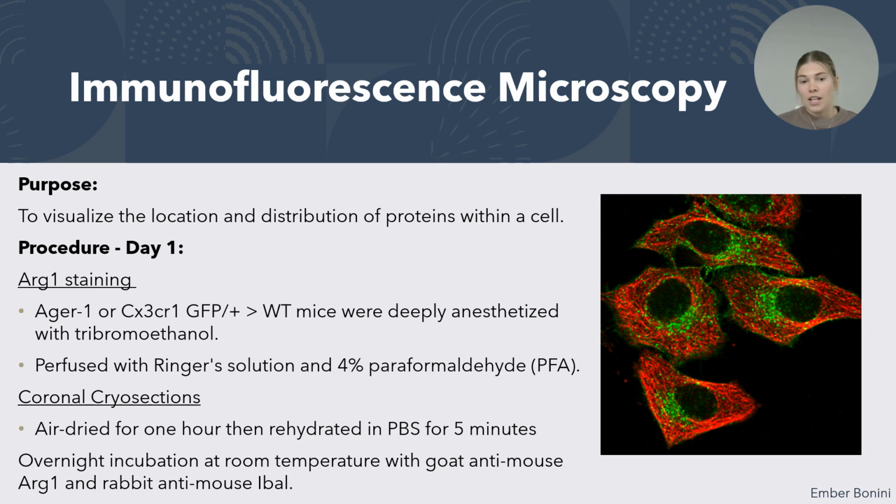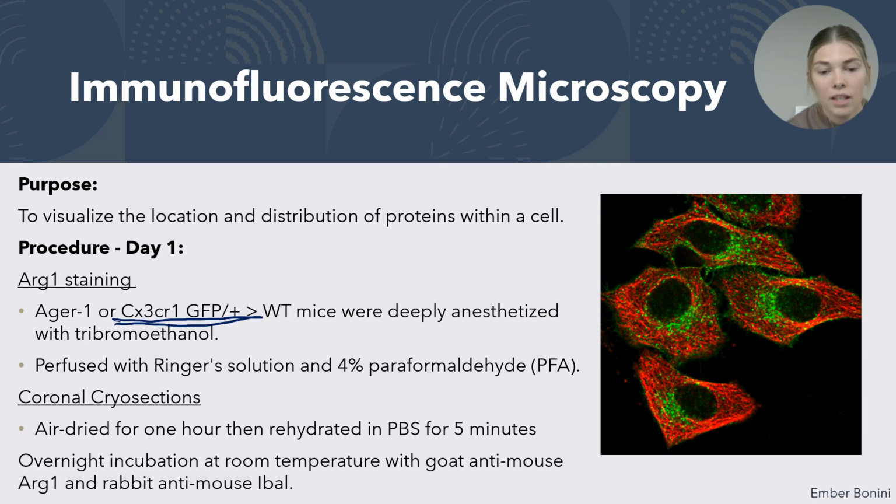For this first day, we're looking at ARG1, which stands for arginase 1 staining, and we're going to go over that in a figure a couple slides later on. Within the arginase 1 staining, we're going to be looking at Arg1, or it can also be represented as CX3CR1-GFP, and just to highlight that on the slide, it's right here.